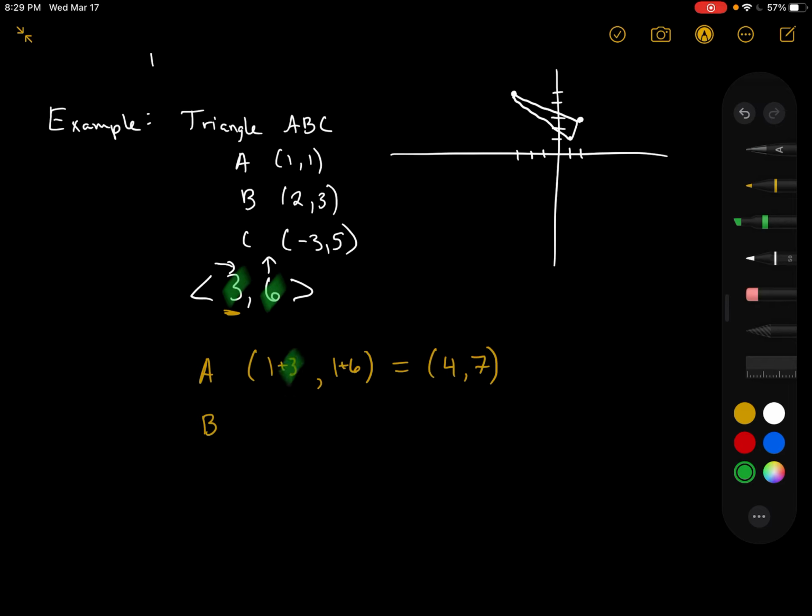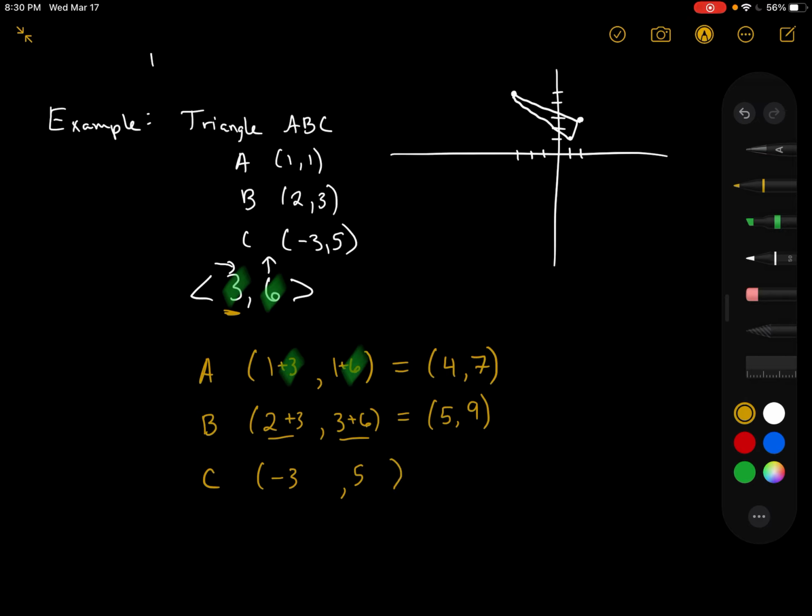We're going to do the same thing for B, and before I go on, let's just highlight this. With 〈3, 6〉, we're adding the 3, we're adding the 6. Same thing for B now. Start off at (2, 3), and again, adding the 3, adding the 6. So we'll end up with (5, 9). Again, 2 plus 3 and 3 plus 6.